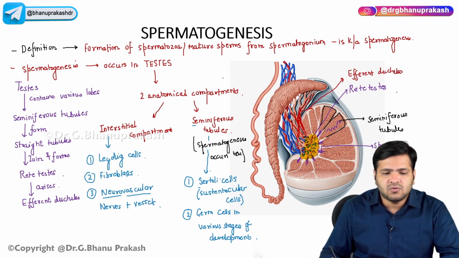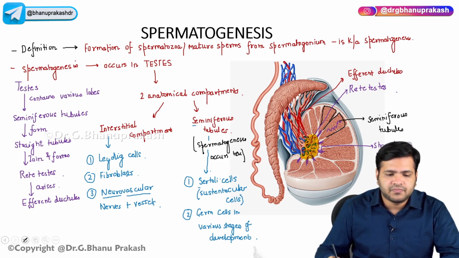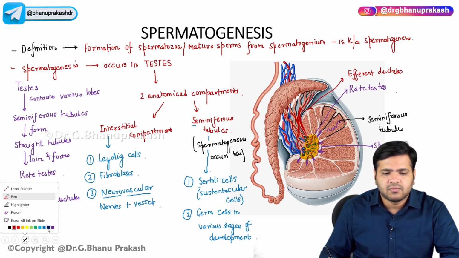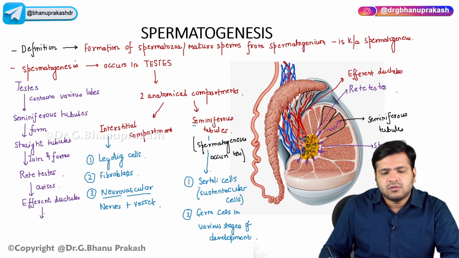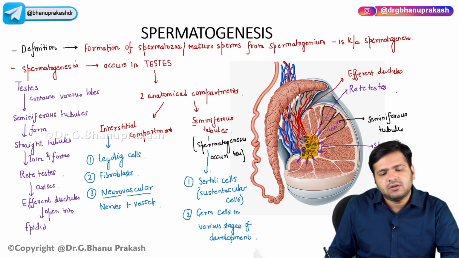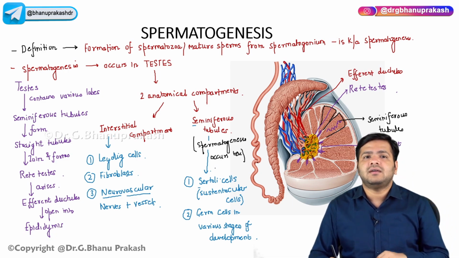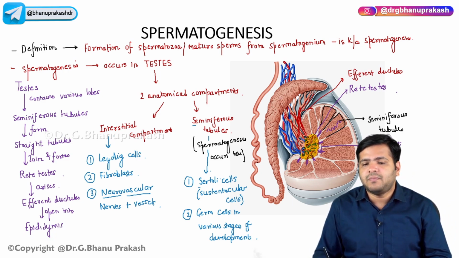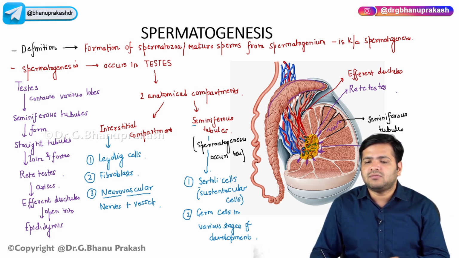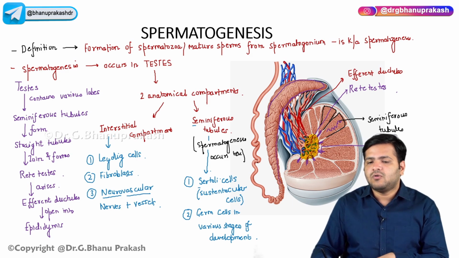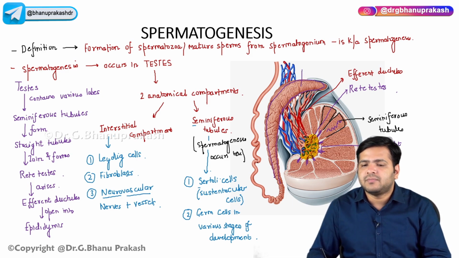These efferent ductules will open into the epididymis. You can see the epididymis here, this long part. So all these tubules open into this long structure called the epididymis.